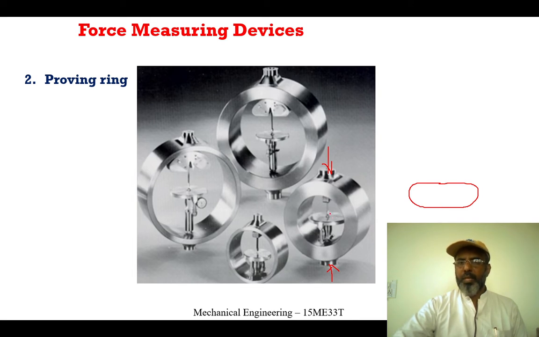And this proving ring consists of a ring measuring device, and that ring measuring device includes vibrating reed and the micrometer wheel.